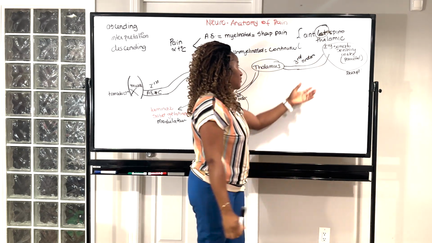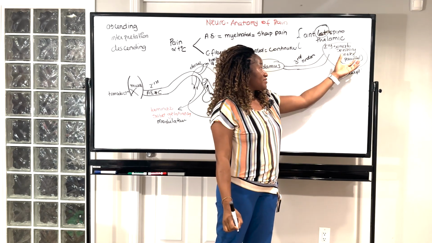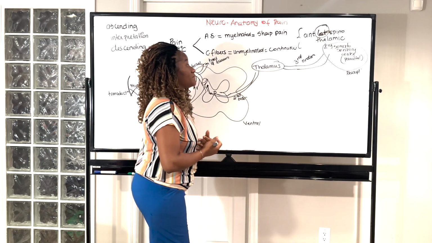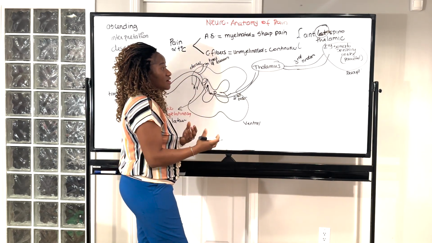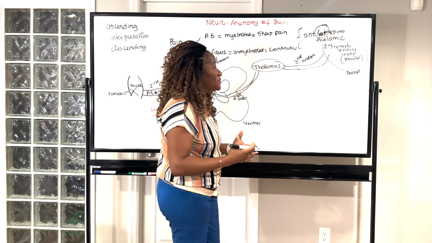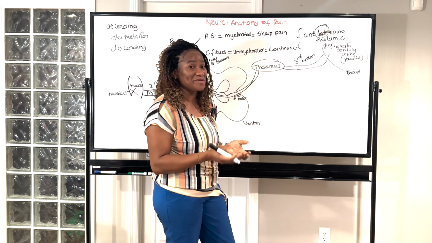This third order neuron is going to bring it to the higher center, the cortex, the parietal cortex, where all our sensory perceptions are developed, and we're going to feel the sensation of perception. We're going to perceive the pain.